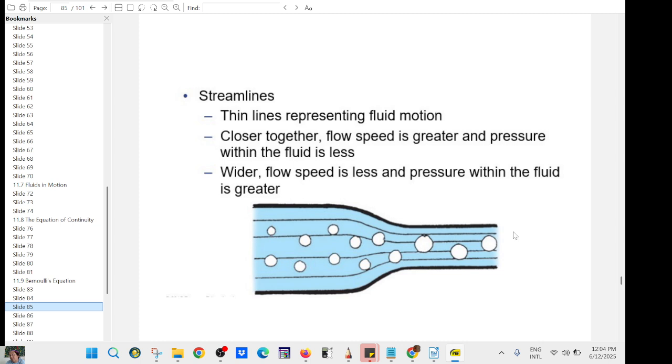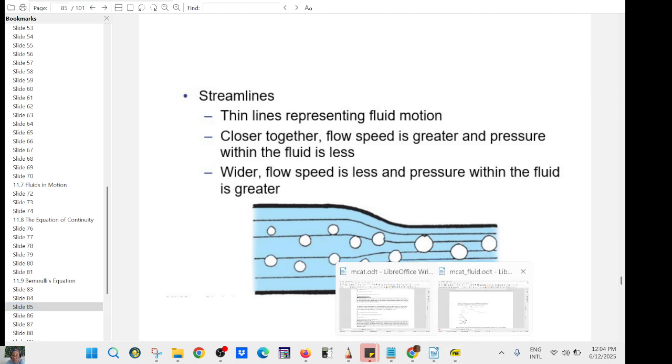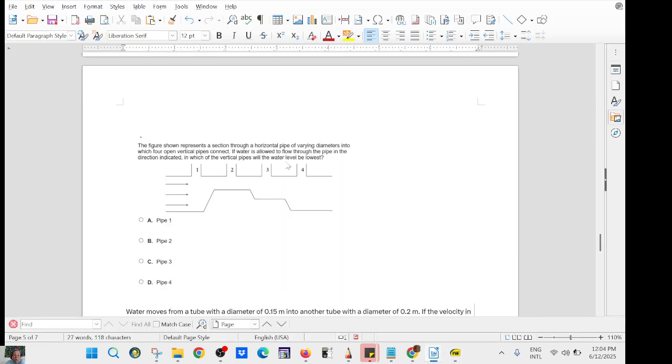So the speed goes up, the pressure goes down. So the relationship is inverse. Okay, so let's go back to here. Lowest will be 2. So pipe number 2. So that was a good one.